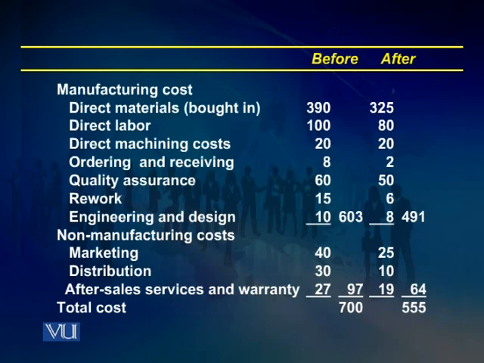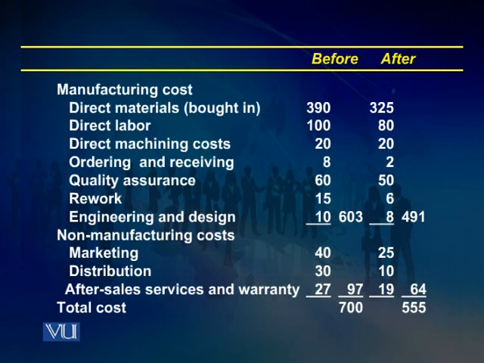Engineering and design cost is 10, and the non-manufacturing costs were marketing of 40, distribution 30, and the after-sales service and warranty cost of 27, giving you the total cost of 700.